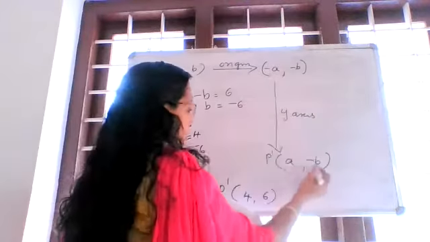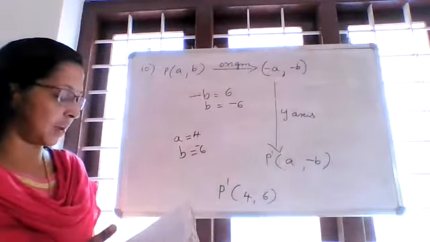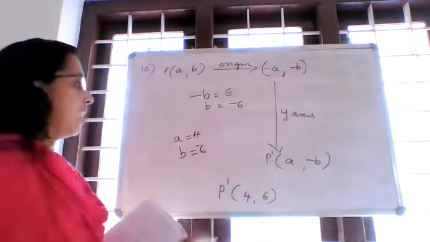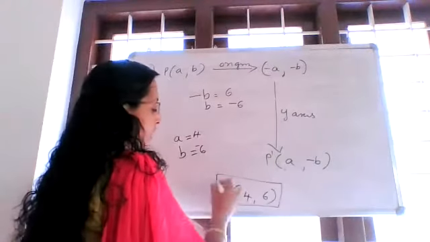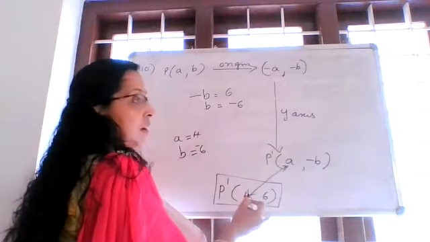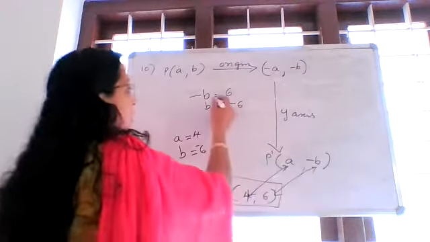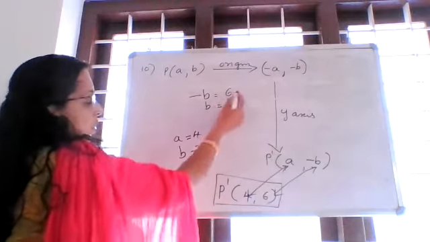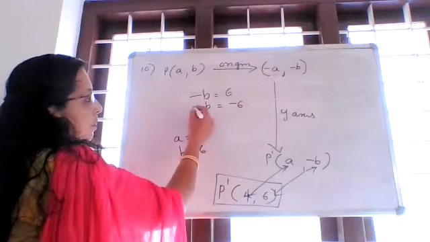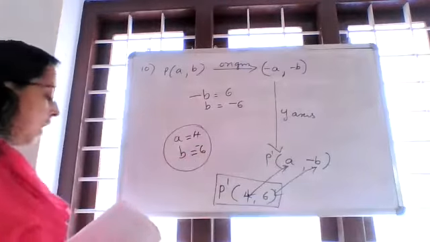So it will be A, negative B. If P dash has coordinates 4, 6, evaluate A and B. So A here will be 4 and negative B is equal to positive 6. Therefore, B is equal to negative 6. So A value is 4 and B is equal to negative 6.